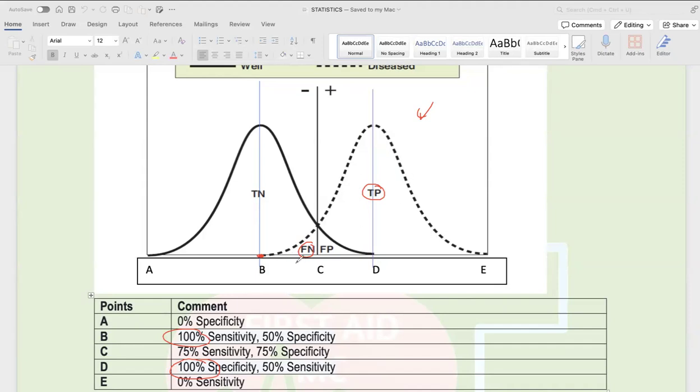So if they ask where you get 100% sensitivity, it is point B. In the same way, when there is no false positivity, that means here everything is truly negative. That means point D has 100% specificity. That is the only thing that you need to remember. Okay?